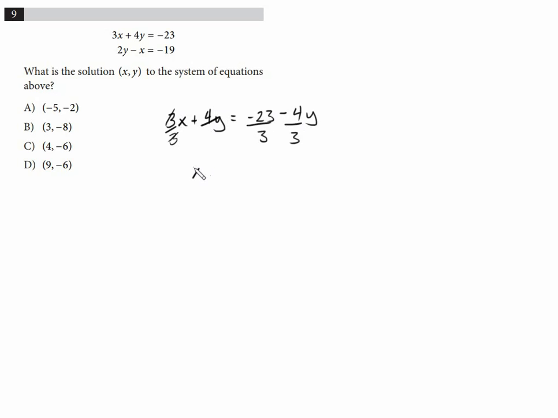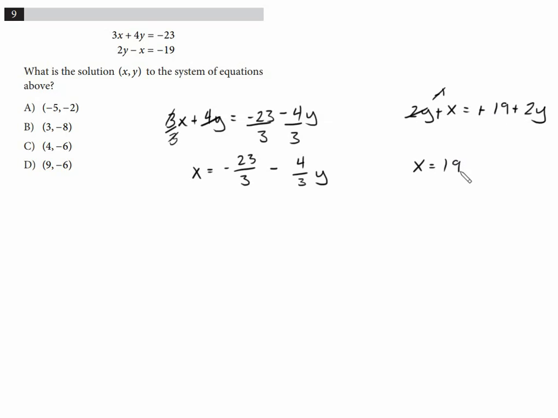Going to subtract 4y from both sides and divide by 3. So x equals negative 23 over 3 minus 4/3 y. And the other equation, 2y minus x equals negative 19. Going to subtract 2y from both sides and multiply everything by negative 1, so that becomes plus all the way across.